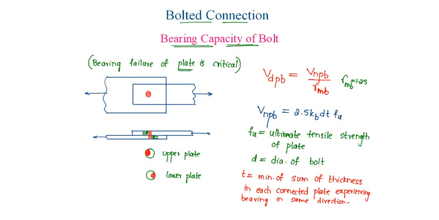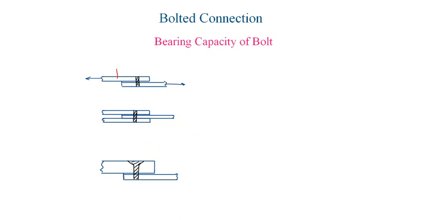For example, if a 12 mm thick plate and a 16 mm thick plate are connected by a bolt, then t will be the minimum of, in this direction load is applied, in this direction load is applied. Considering this direction it is 12 mm and in this direction it is 16. So t is the minimum of 12 and 16, that is 12.